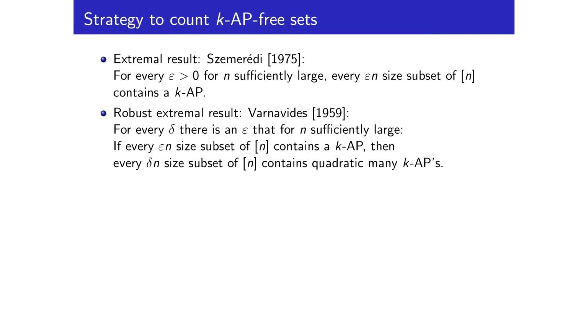The robust result says that assuming Szemerédi's theorem is true, then every linear size subset of [n] contains not only one arithmetic progression but very many arithmetic progressions. This can be proved by an averaging argument. So just to summarize, this robust statement says that if you have a subset of integers of size at least epsilon n, then it contains very many arithmetic progressions.